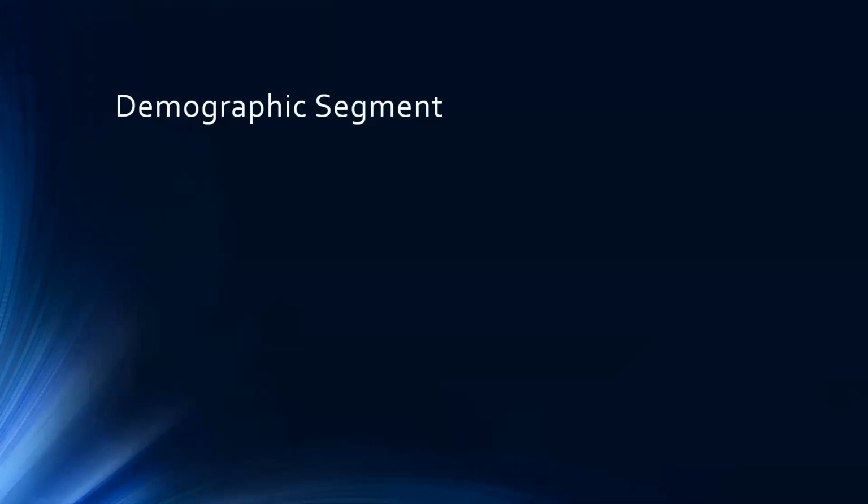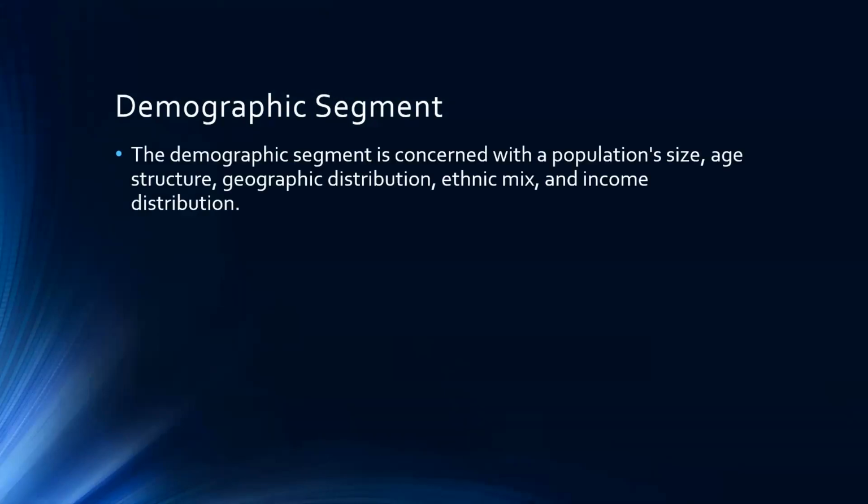The demographic segment is concerned with a population size, age structure, geographic distribution, ethnic mix, and income distribution. Demographic segments are commonly analyzed on a global basis because of their potential effects across countries' borders and because many firms compete in global markets.